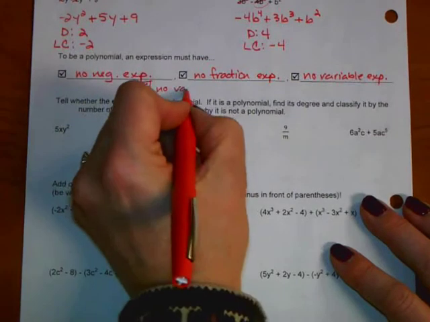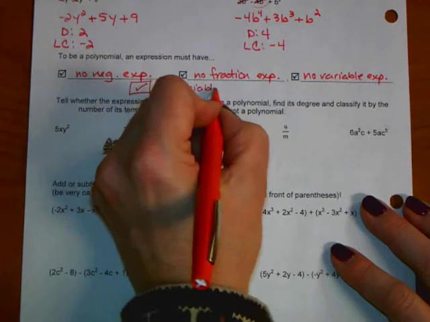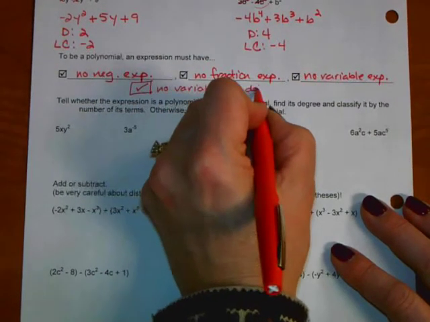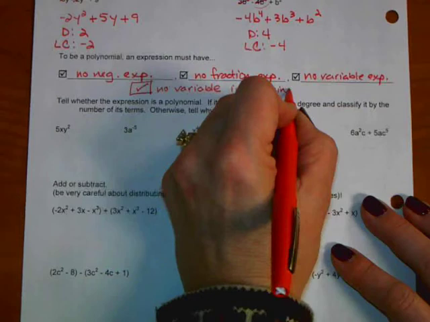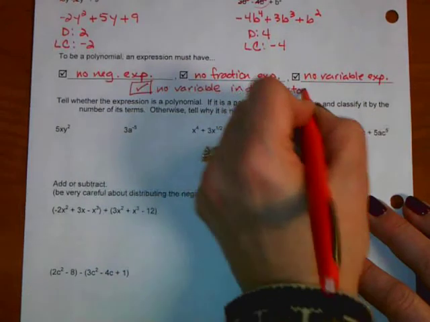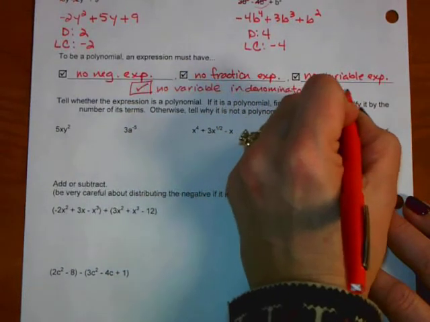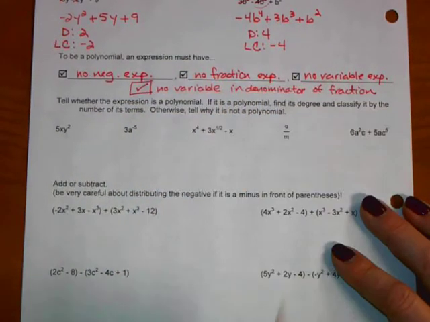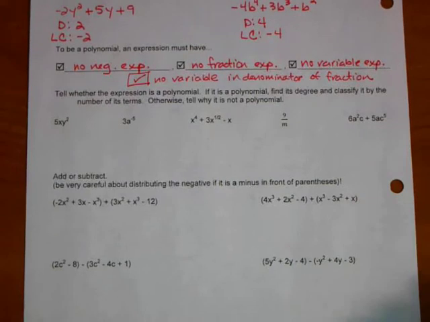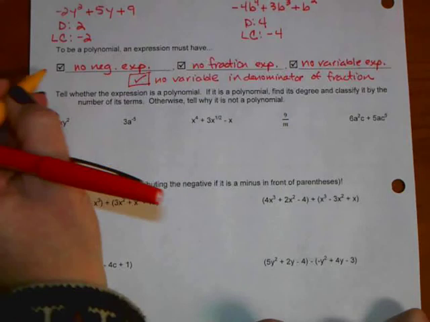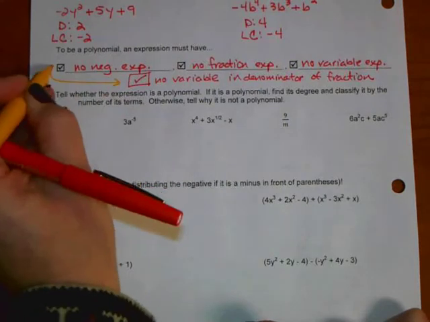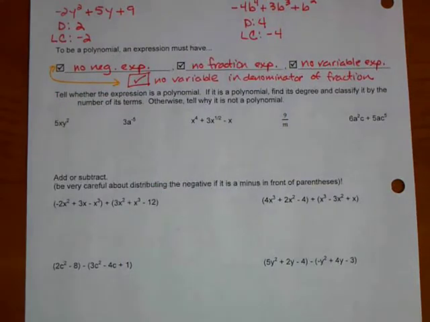No variable in the denominator of a fraction. Which ultimately will be the same as no negative exponents, but you haven't learned that yet, so they're really the same.